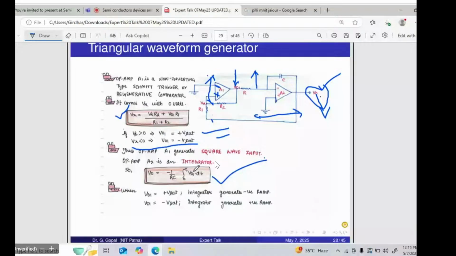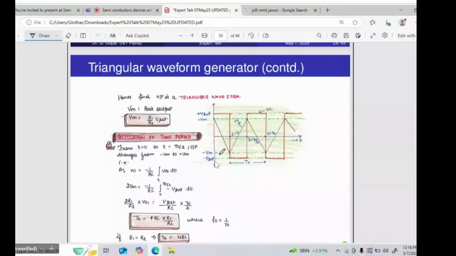When V01 is plus Vsat, meaning a positive pulse, the integration of this signal will generate a ramp signal. It is plus, actually minus, so it will generate the negative ramp. When it is minus Vsat, minus times minus is plus, so it will generate the positive ramp. So you can understand this in the waveform also.